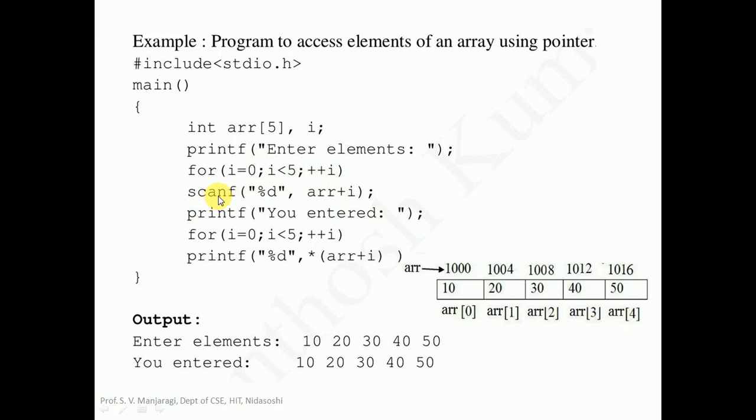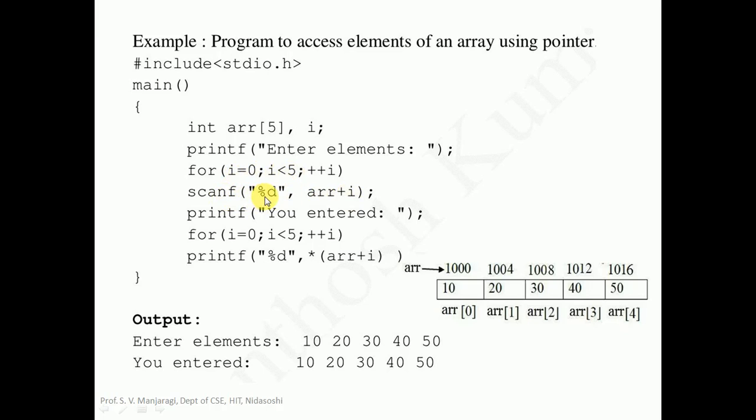Here we can read the element using scanf at the location array plus i. Here we are making use of the array name plus its index value. For example, we begin with i equal to 0, 0 is less than 5, the condition is true, and the scanf is executing.